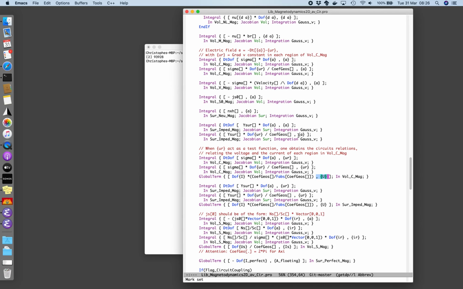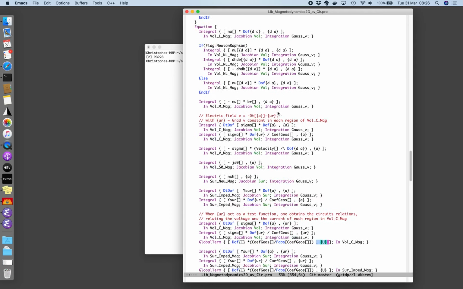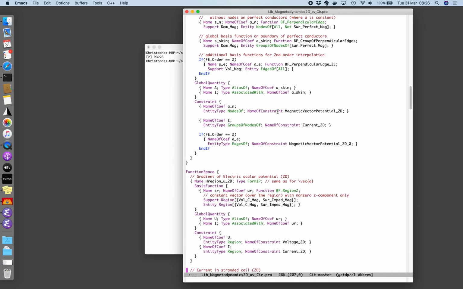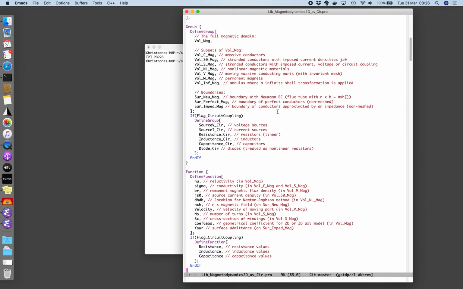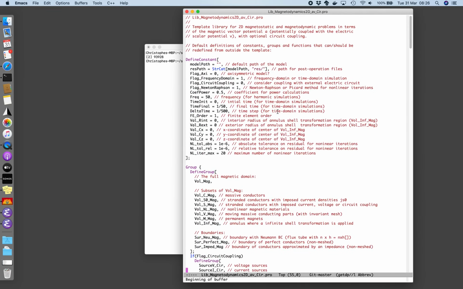For our black box, we need some inputs and outputs. So what are the inputs? What are the parameters? If you look at the beginning of this template library file, you'll see that I have 3 categories of parameters that I can set from the outside. The idea is that this file, you can leave it as is. You could almost forget what we did last week.